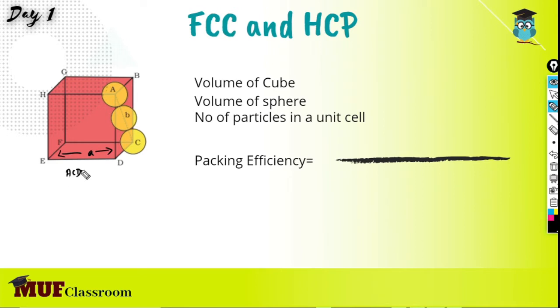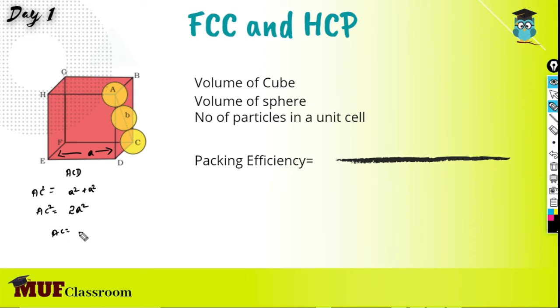ADC, or ACD. Therefore, AC square is equal to A square plus A square. We get AC square is equal to 2A square.